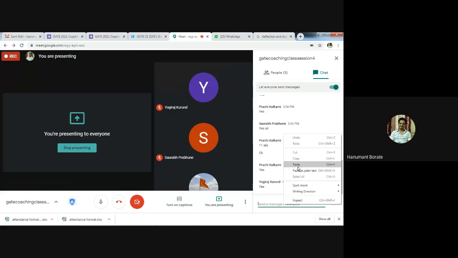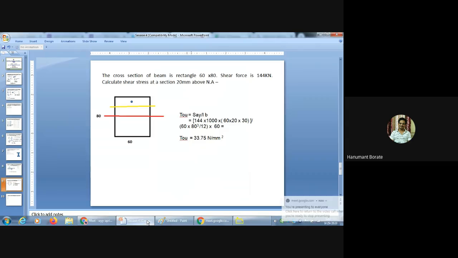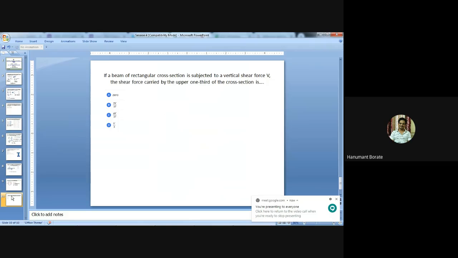Yes, okay. Now we'll see the next problem. Just you can see this problem is similar to the above problem.